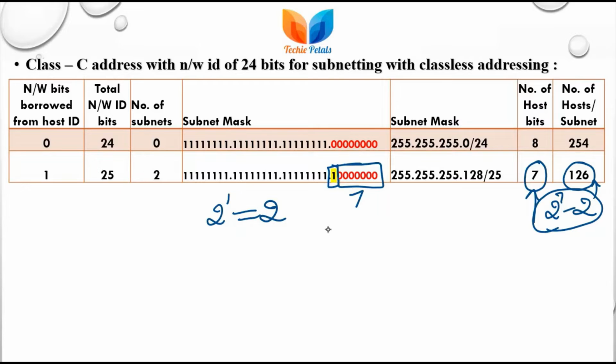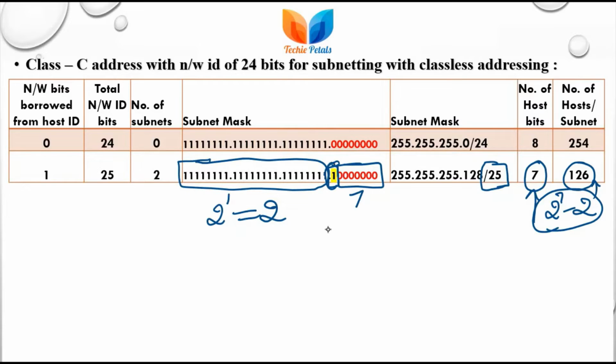Okay, but this time we need to write /25. Why we are writing /25? I hope you can easily guess. As we are having 24 bits from these 3 octets for network ID, now we are also using this host ID bit.